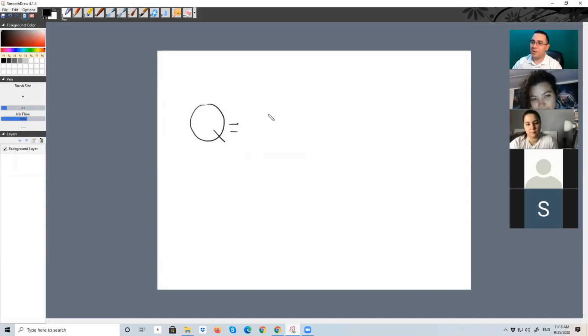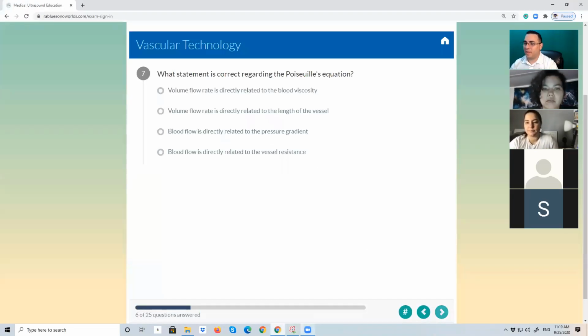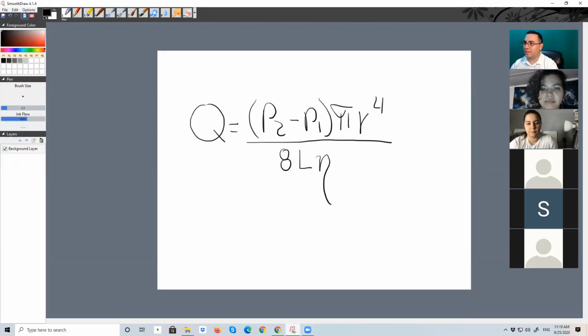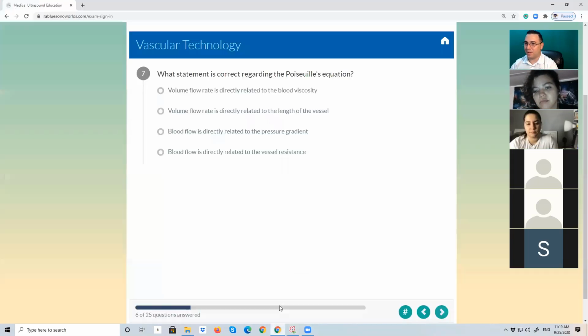Flow equals the difference in pressure between 1 and 2, times pi, which is a constant number, times radius to the 4th power, over 8 times the length of the vessel times the viscosity of the blood. Okay, let's take a look at this one more time. The formula is going to give you the answer.